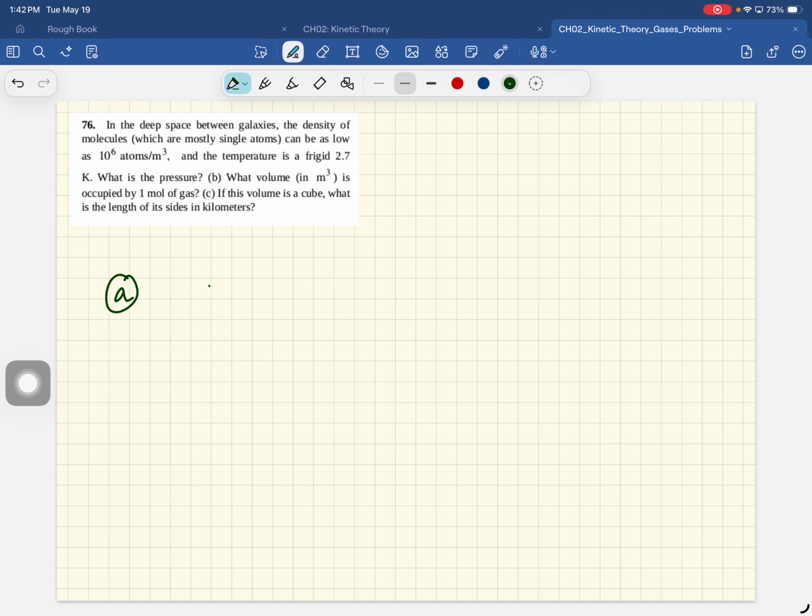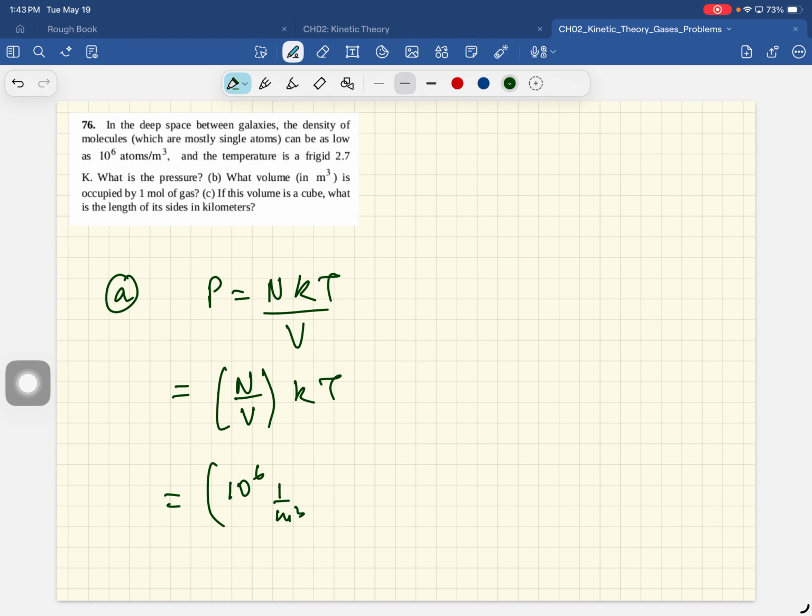That's 101 kilopascals. Molar mass is 28.96. All right, we just have to calculate this.